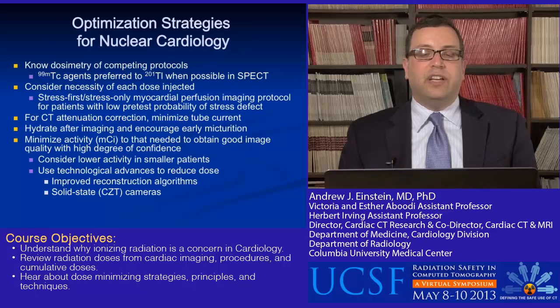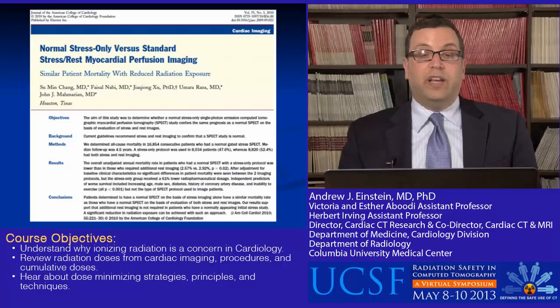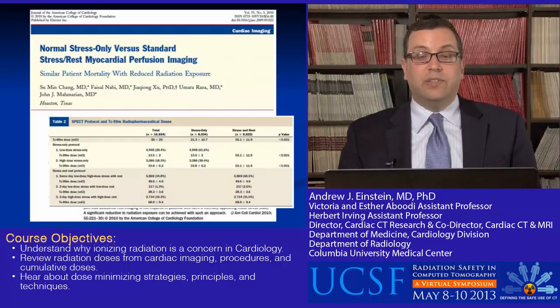This was demonstrated in a very large patient cohort by Dr. Mamarian and Chang and colleagues. They looked at 17,000 patients with normal gated SPECT over nearly a 20-year period in their laboratory, and they found that a stress-only protocol was able to be performed in approximately half of those patients. So many of our patients who undergo rest imaging, we can probably do without that rest imaging if they're going to have a normal scan.